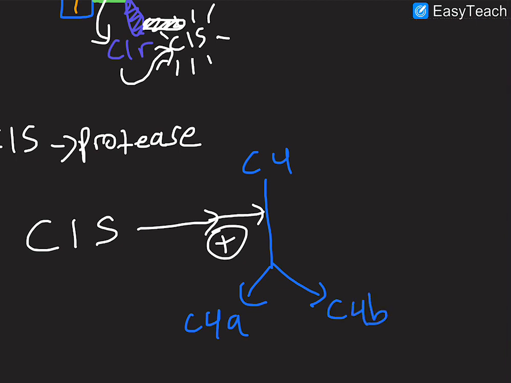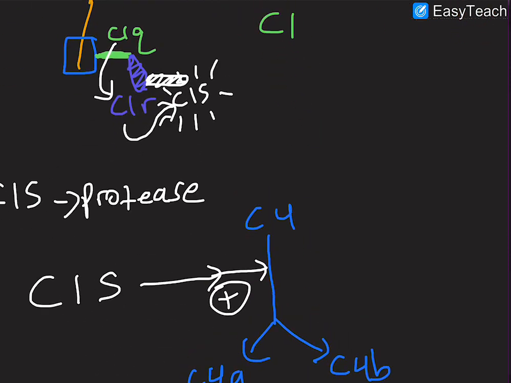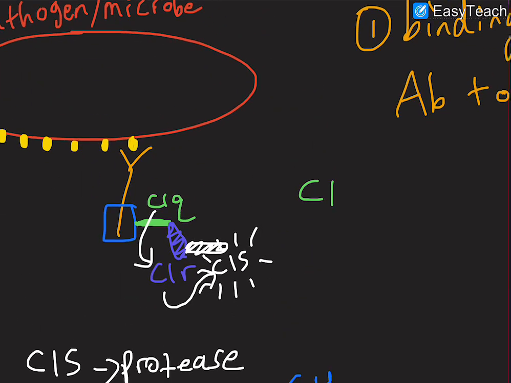C4b will go and bind to the pathogen surface. So if we come here, we're going to have C4b that's going to bind to the pathogen surface. Let's erase this right here.